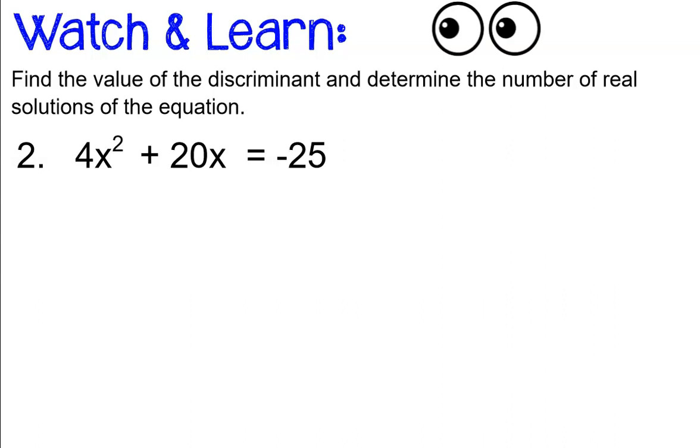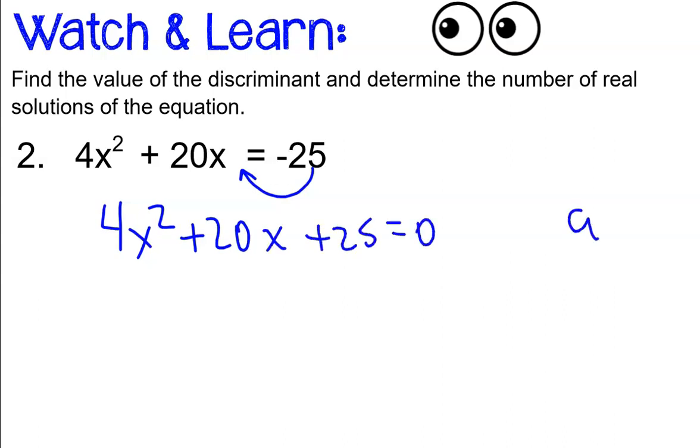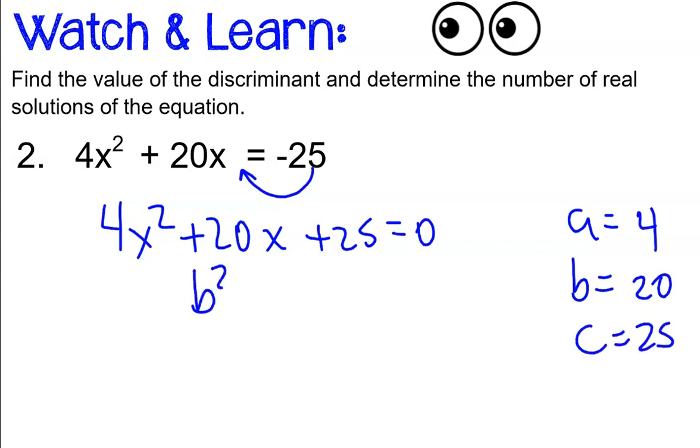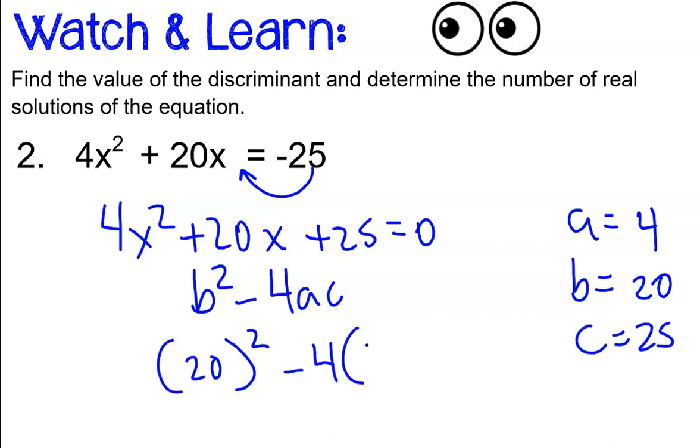Let's take a look at this one. Get it into standard form. Identify a, b, and c. Then substitute it into your discriminant formula. So b is 20 squared minus 4 times a times c.